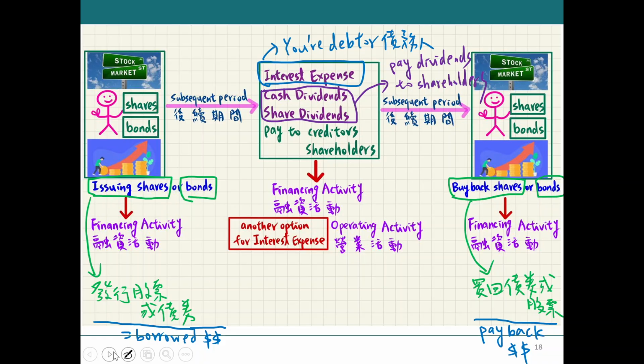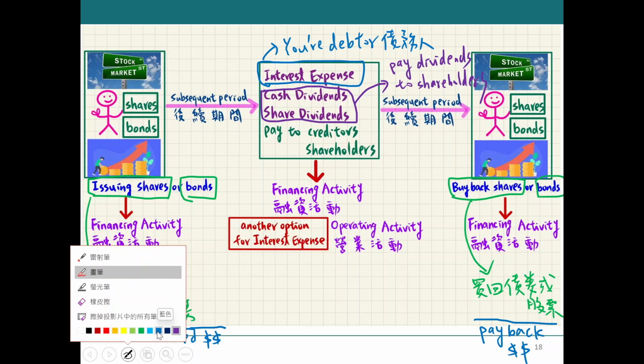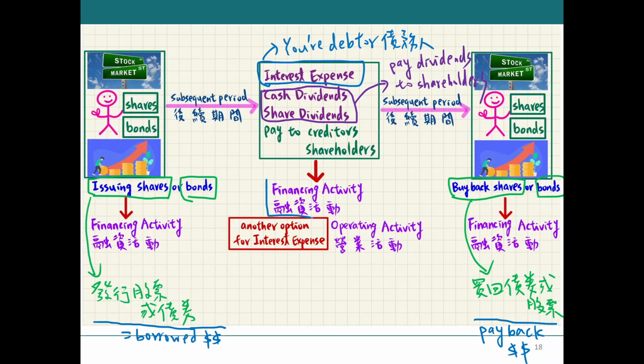So we should put that on financing activities. But again, we'll give you another option, only for interest expense. Only when you pay the interest, we give you another option.